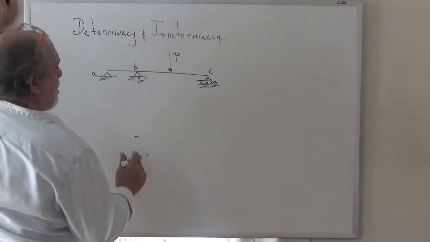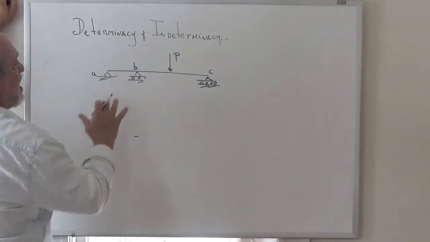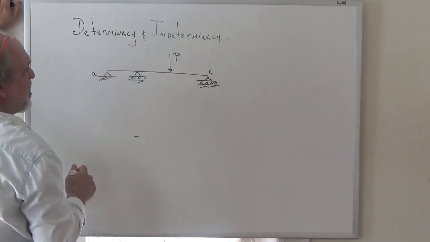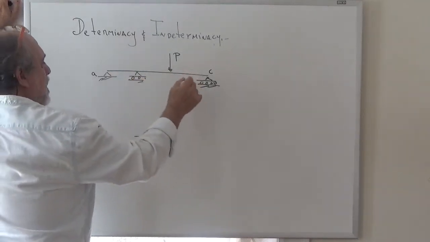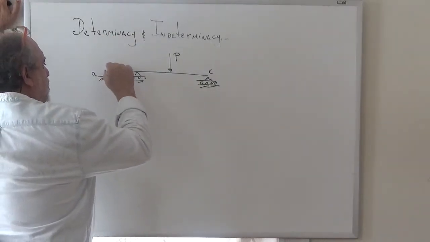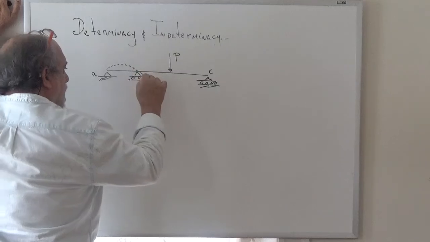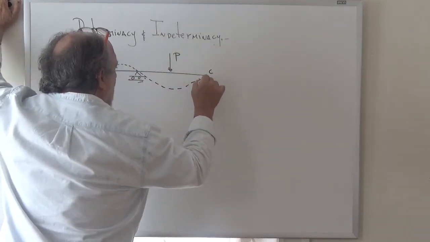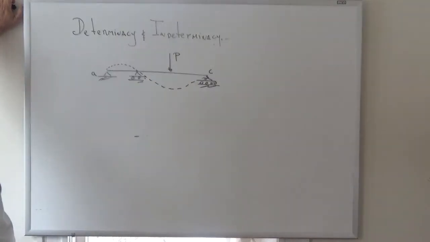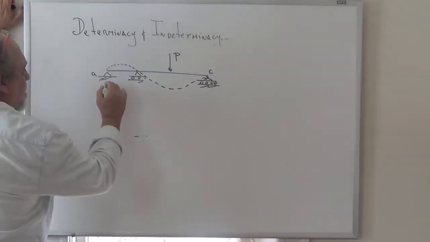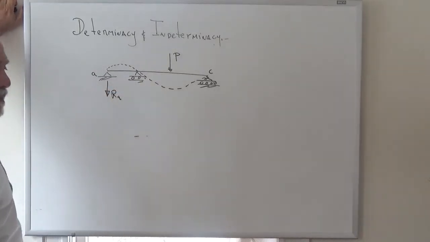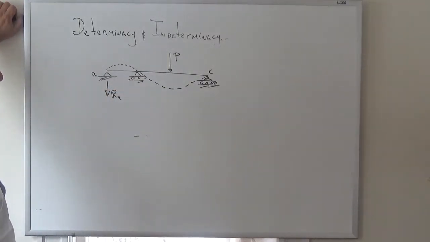If you can visualize deflected shapes in your mind, perhaps you can see that this beam is trying to lift off point A, right? In other words, this beam is kind of deforming like this. So this point wants to lift this up, so we do expect that this reaction is down in order to hold point A in place.